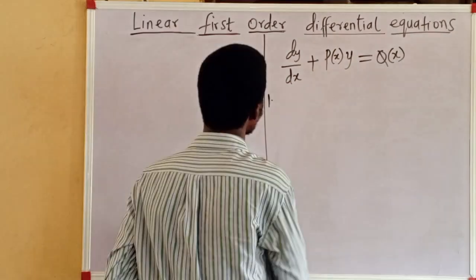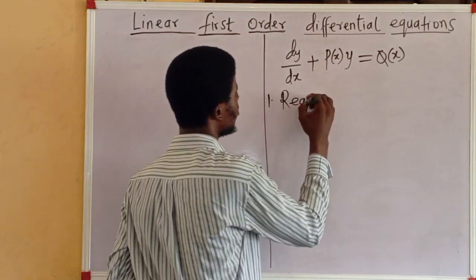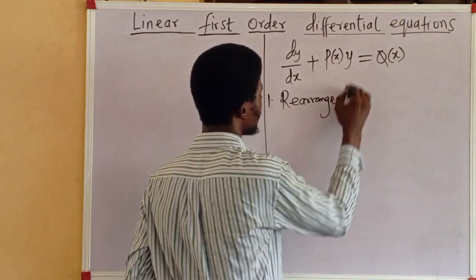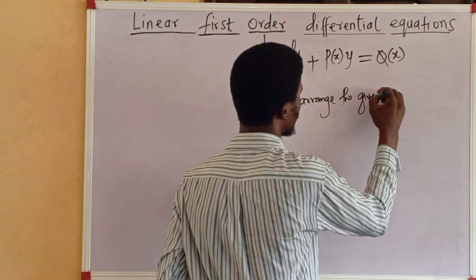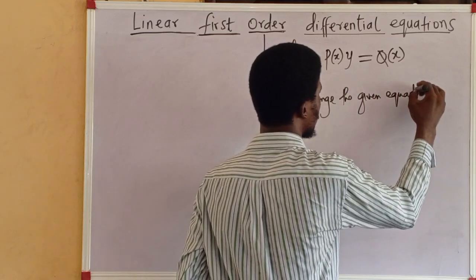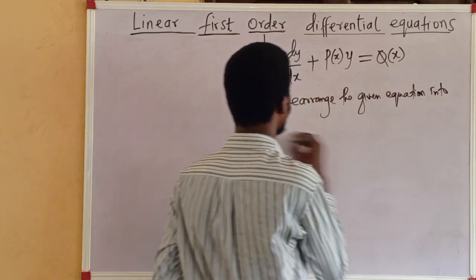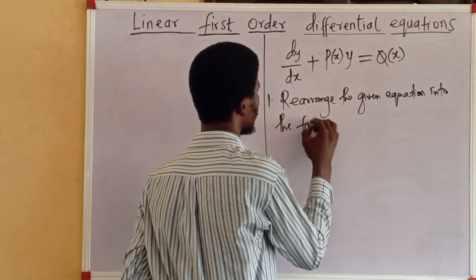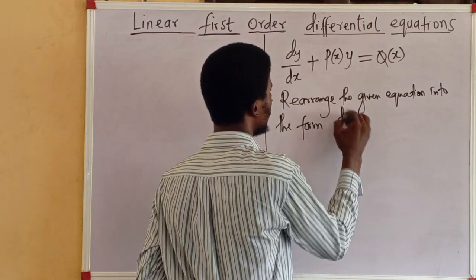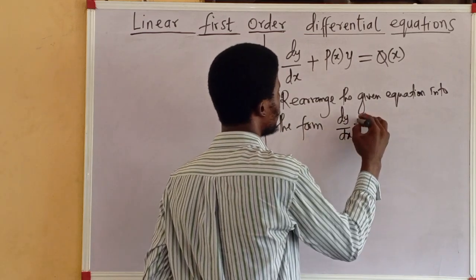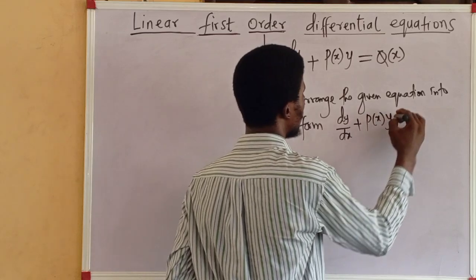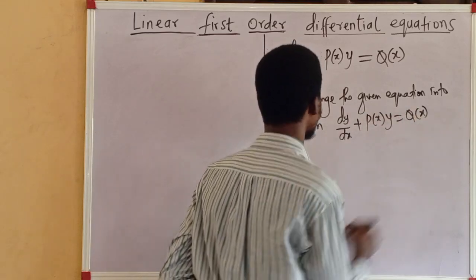The first thing to do is to rearrange the given equation into the form that we have here, dy/dx plus p of x times y equals q of x.